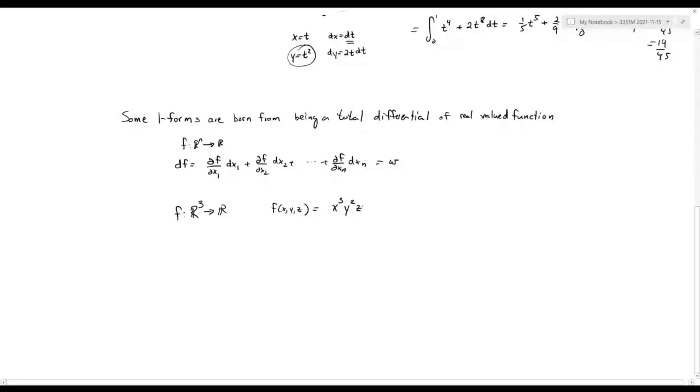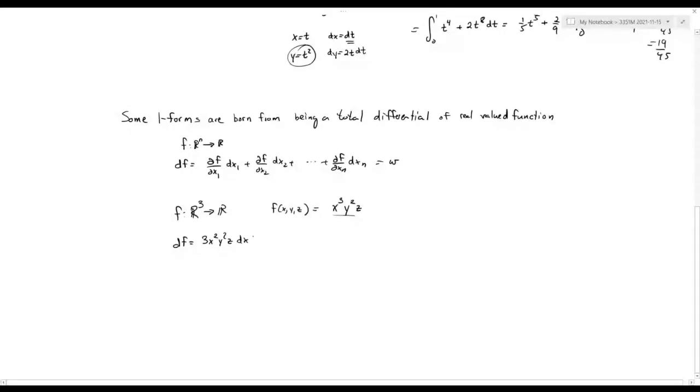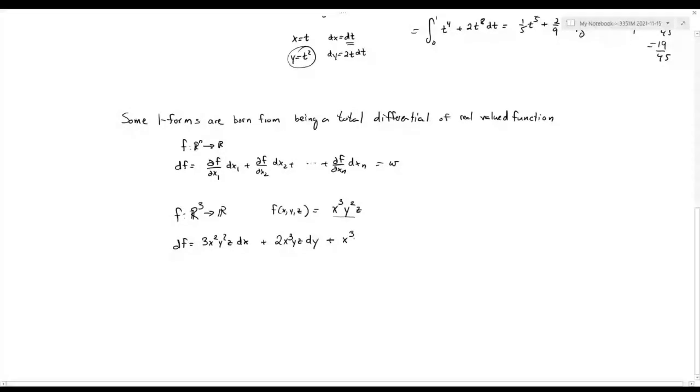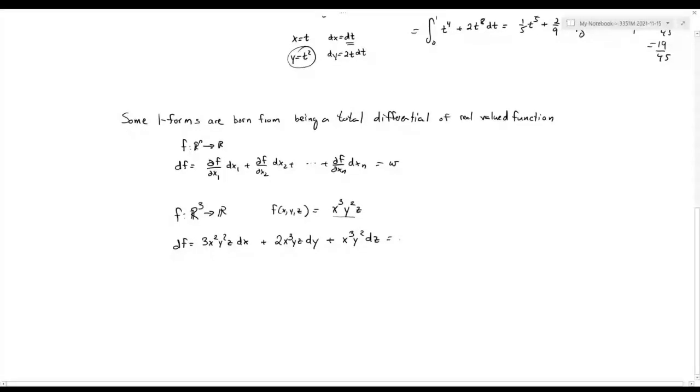So if we compute the total differential now, differentiate f with respect to x times dx plus differentiate f with respect to y dy plus the derivative of our function with respect to z dz. So this is a one form on R3.